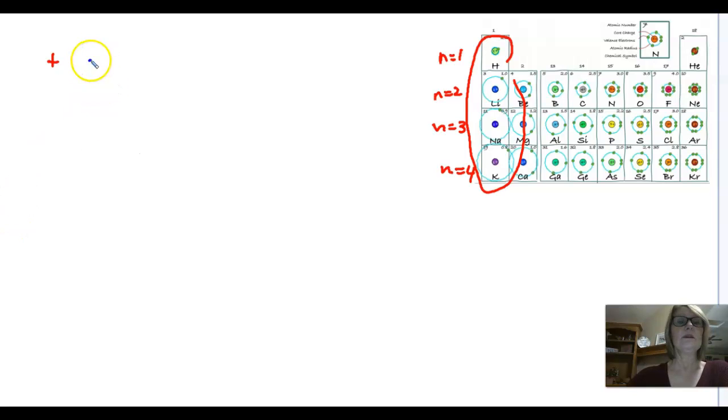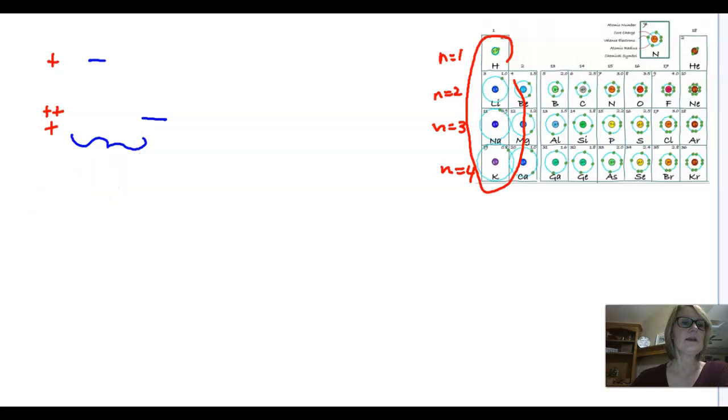Now I have the next one, lithium, and it's going to have 3 protons, so it is still getting more protons, but look what's happening to the electrons. That 1 electron is now out here in energy level 2. So even though I have more protons, the distance here is getting larger and larger.